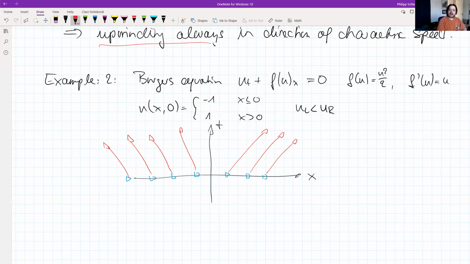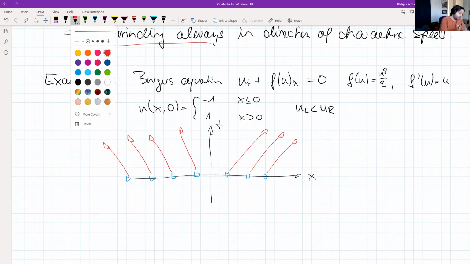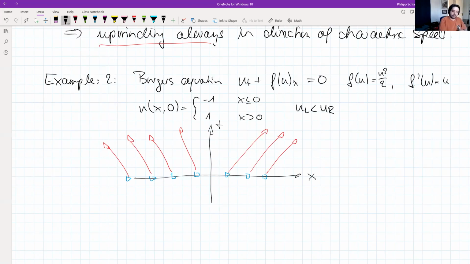So now, how should we implement that in an upwind scheme? Well, it means that if we want to do a stable integration on the right side, so on this side, if I want to do an upwind scheme here, use x_j and x_{j-1}.